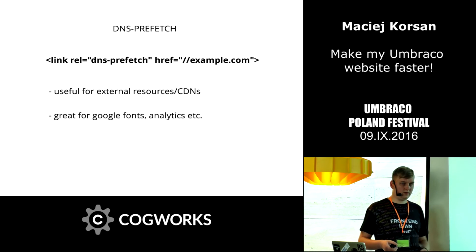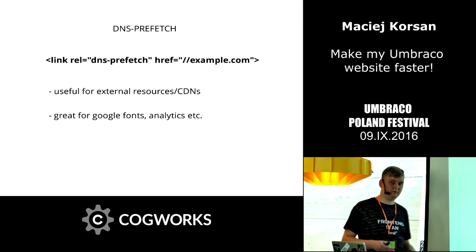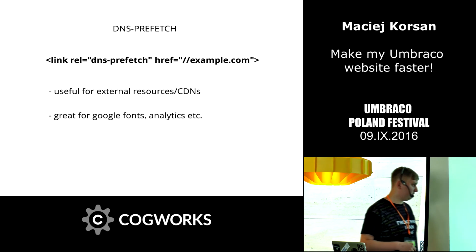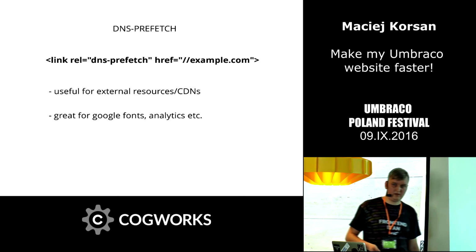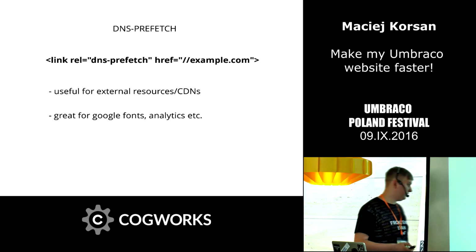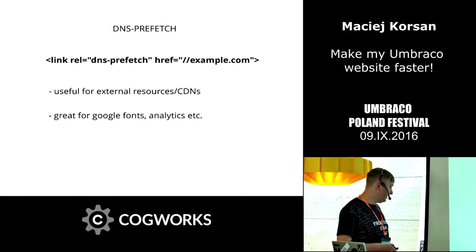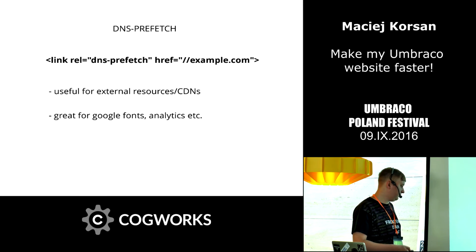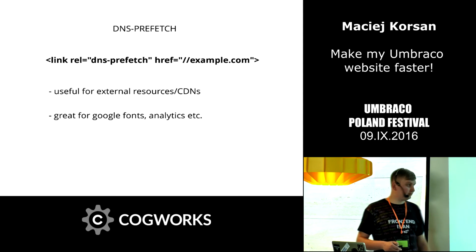So before we are getting our Google Fonts, we are skipping this first phase of 100 milliseconds, because the browser knows the DNS for this particular domain, fonts.google.com, is saved. So it's very useful for external resources, and as I wrote here, Google Fonts, analytics, and so on.